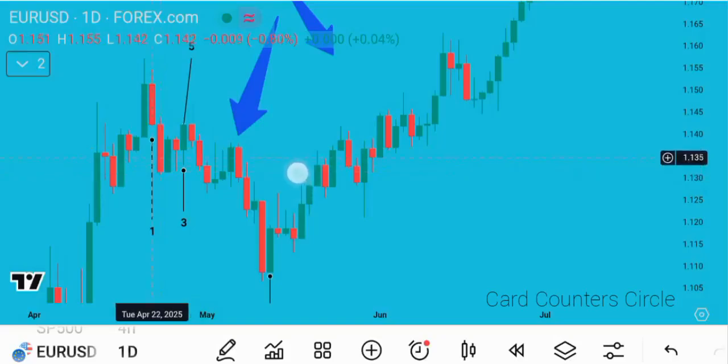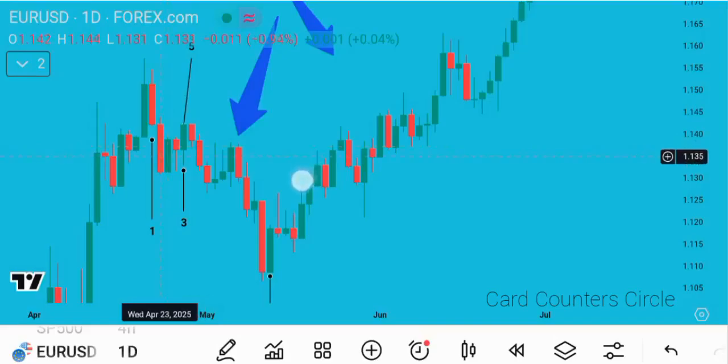Notice we have 1, 2, right? And then a new vibration comes in. 3. This 3 becomes 1 again in a new count. Why? Because I told you that within certain kinds of moves, every time you have a candle change that has an obvious high or low formed around it, it's a place to begin a count again.